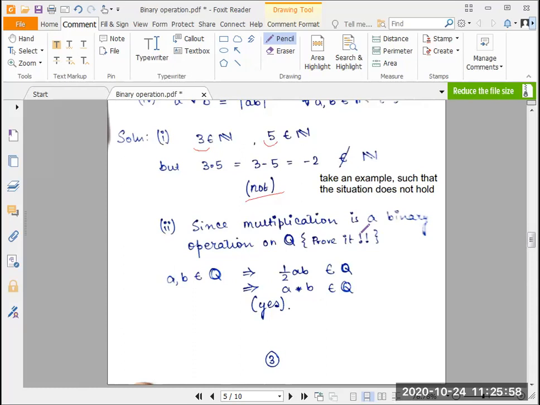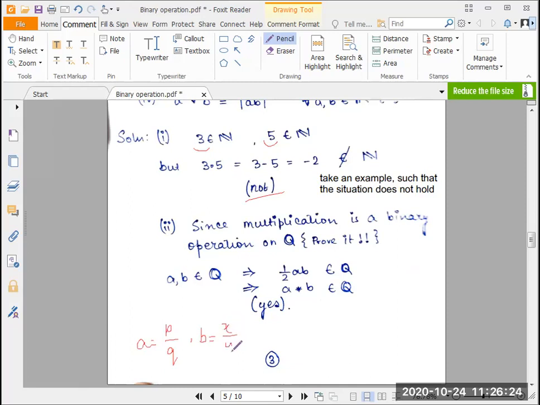So let's say A is p by q, and let's say B is x by y. Then p by q times x by y will be px by qy. Let me write that down. Let's say A is p by q, which of course means that A is a rational number. Next, you take another rational number, which can be represented by x by y.